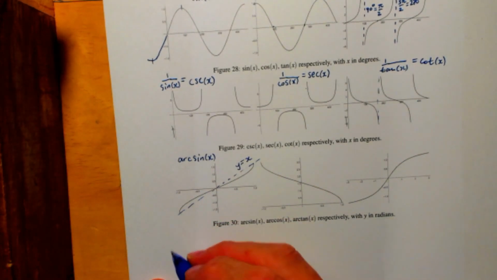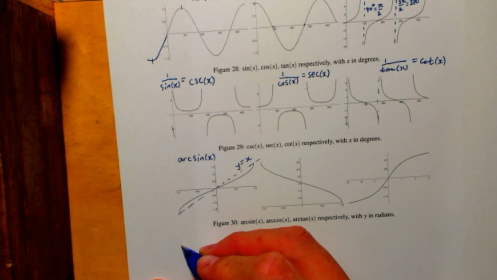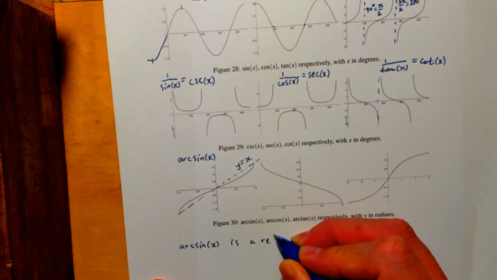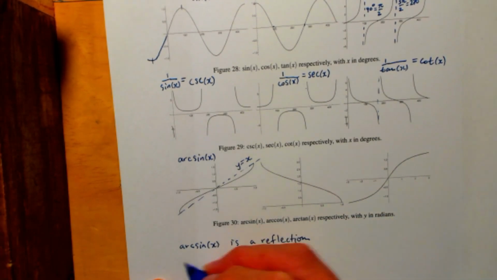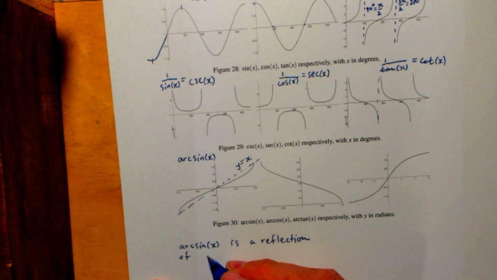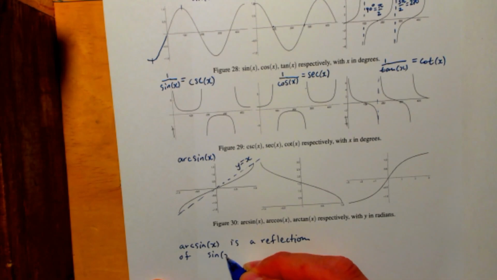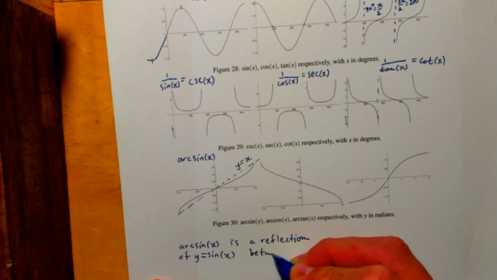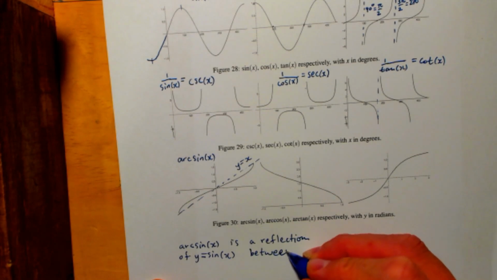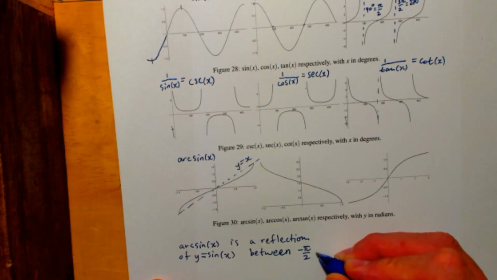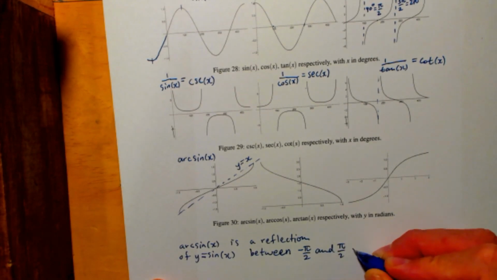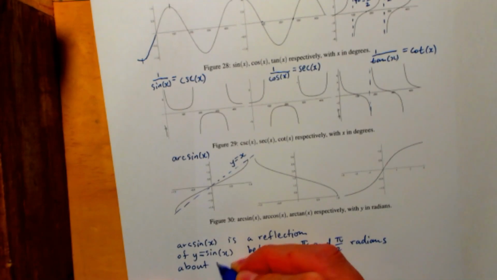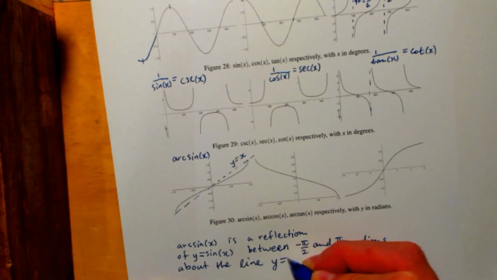So in other words, arc sine of x is a reflection of sine of x, or the equation y equals sine of x, between minus pi on 2 and pi on 2 radians about the line y equals x.